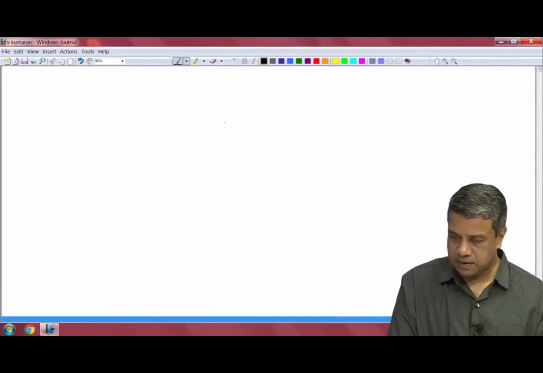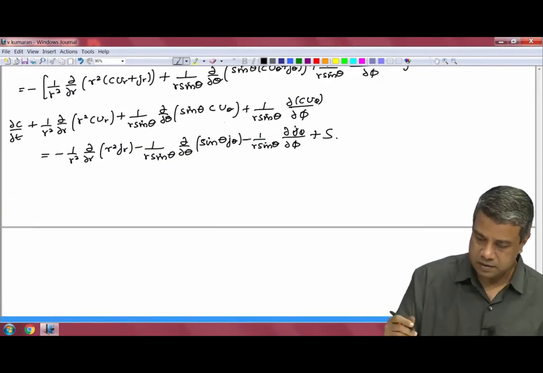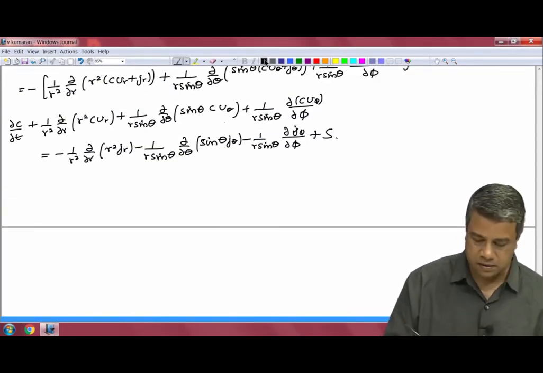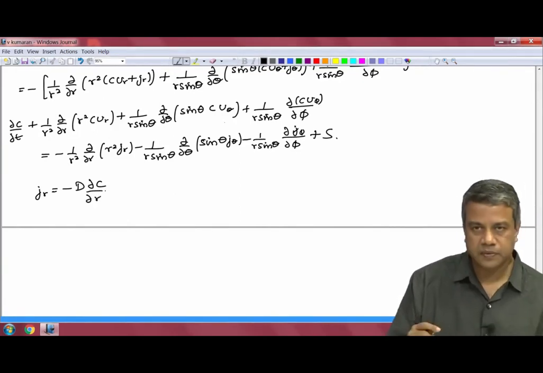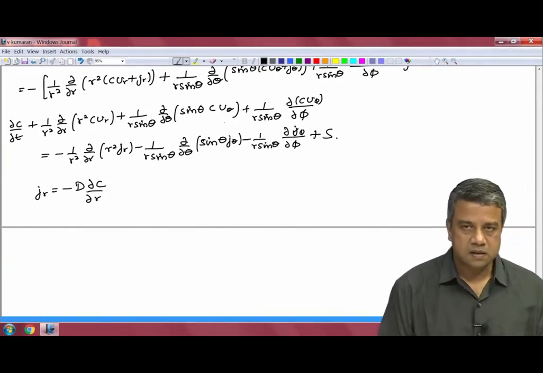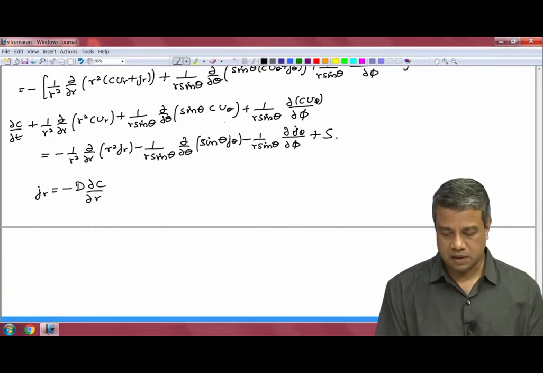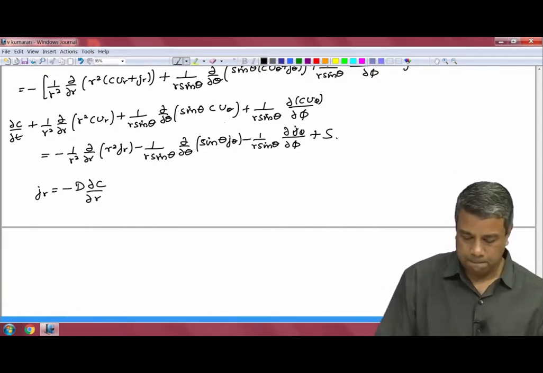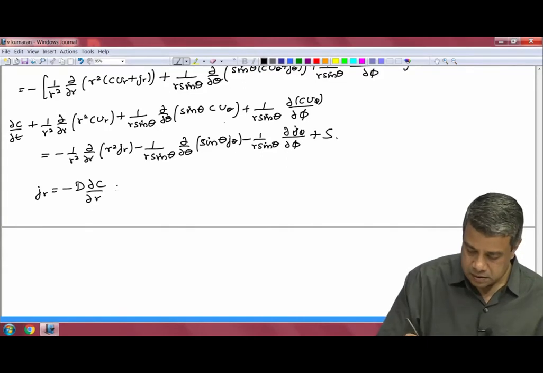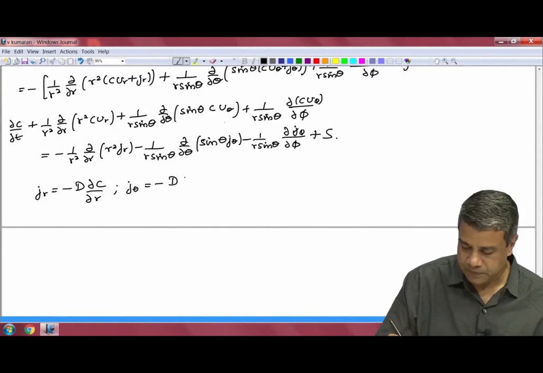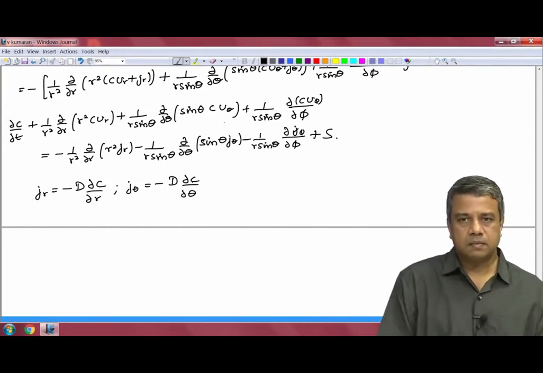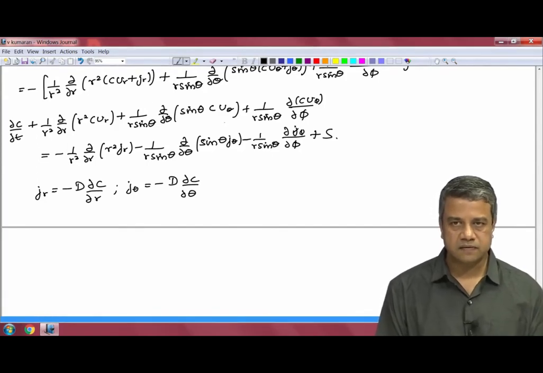Now, for the flux we can write down the constitutive relation: J r is equal to minus d times partial c by partial r, the change in concentration when you move a small distance in the r direction. The flux in the theta direction is equal to minus d partial c by partial theta is not correct, because theta does not have dimensions of length.